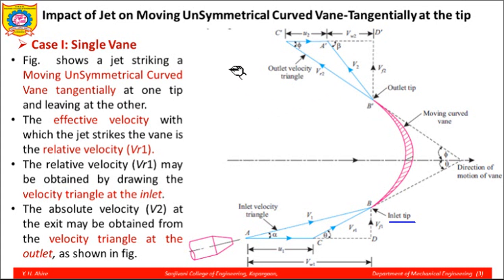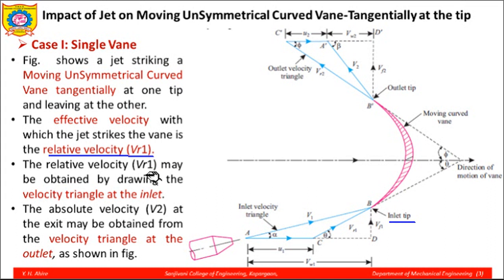Now let us see the construction. The figure shows a jet striking a moving unsymmetrical curved vane tangentially at one tip and leaving at the other. The effective velocity with which the jet strikes the vane is the relative velocity Vr1. This is very common, we know this. Whenever the jet and the vane both have velocities, the relative velocity concept is important.